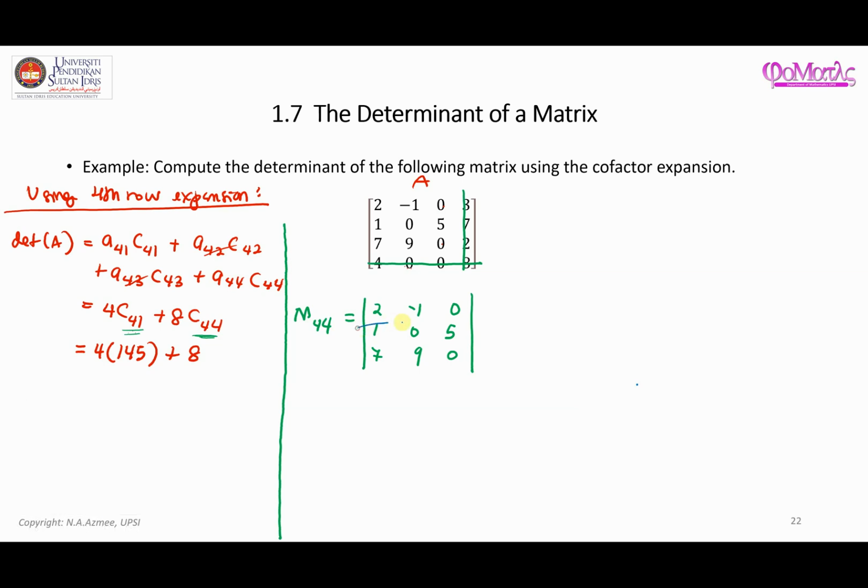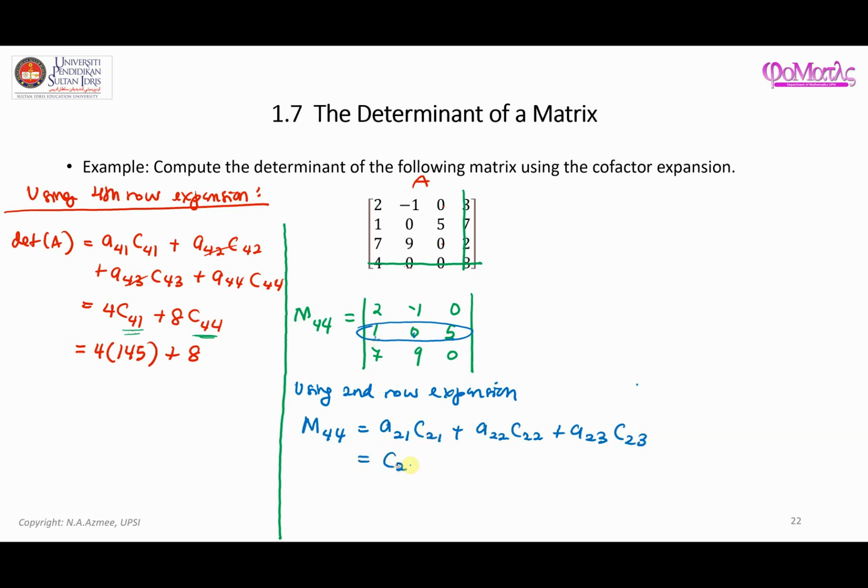So using second row expansion, you can find that M44 is going to be given by A21, C21 plus A22, C22 plus A23, C23. And here it will be simplified to 1 times C21. And here is going to be 0, 0. This one here is going to be 5 times C23. Okay.